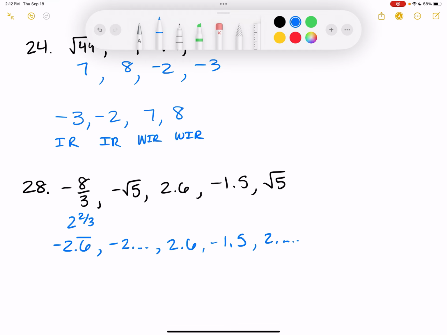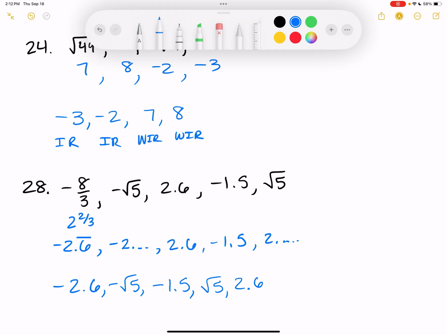So now I need to write these in order. How would I do that? Negative 2.6, negative 2 point something, negative 1.5, and then 2.6. Actually, I don't know, because that could be either direction.